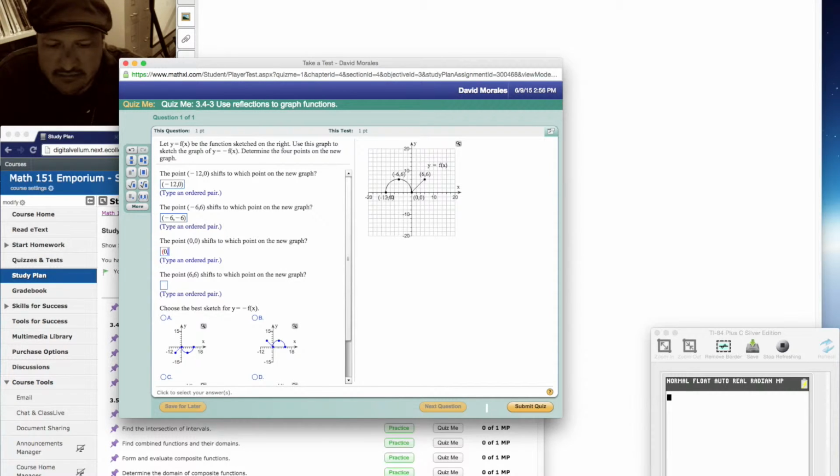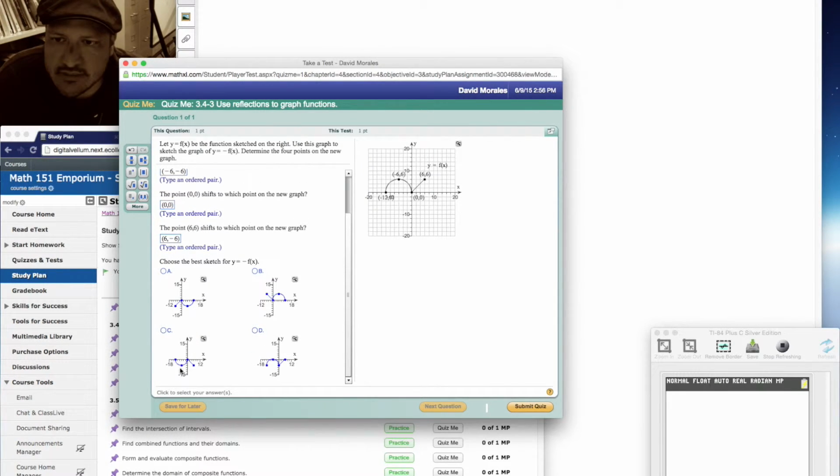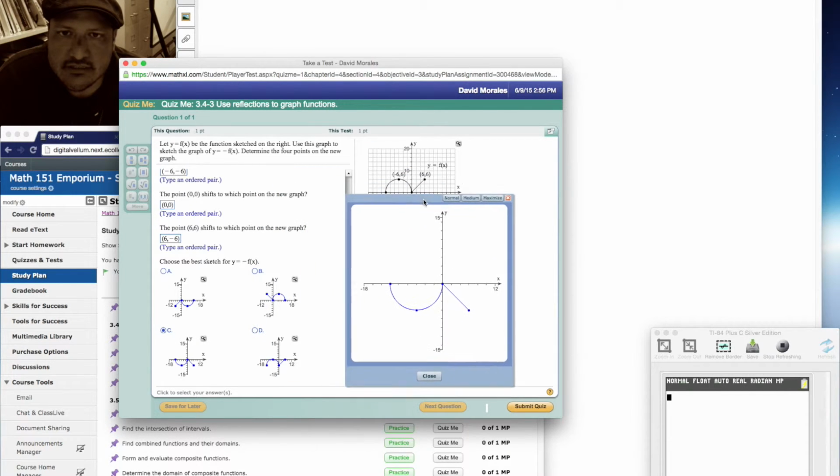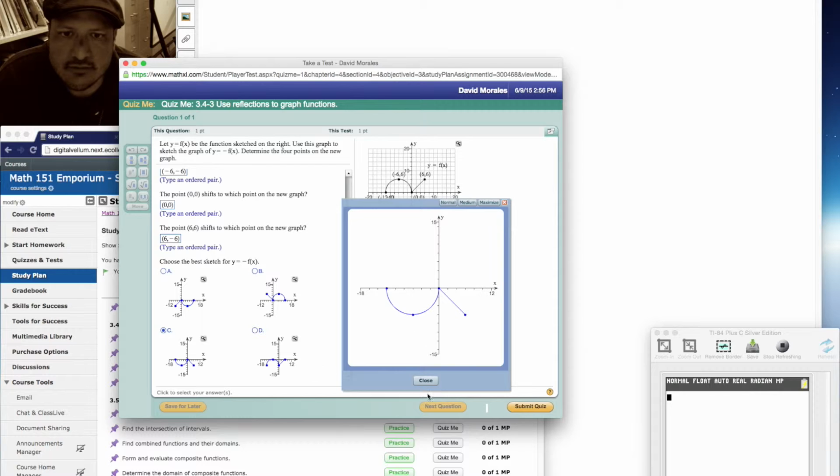And you know, negative 0 is 0. The 6 becomes negative 6. And which one is a reflection? This one right here is a reflection. You can see right here, this is a reflection of this downwards.